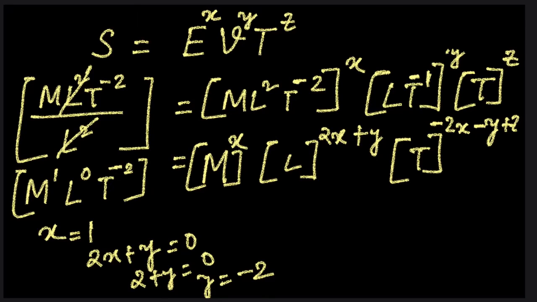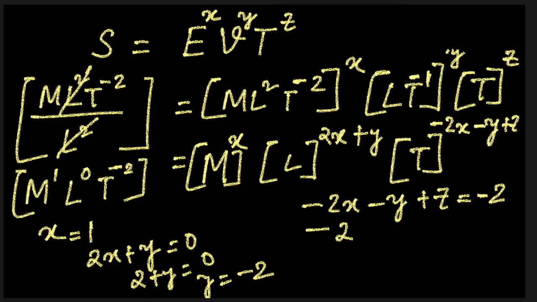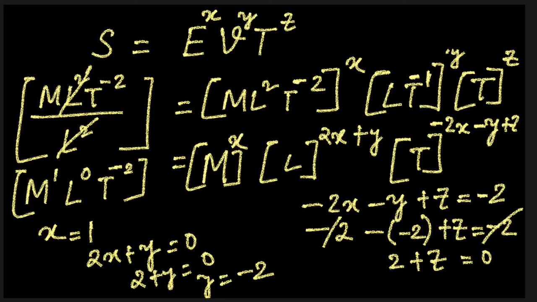Yes, now we can equate the power of T. So minus 2x minus y plus z is equal to minus 2. The x value we got is 1, so after substituting, minus 2, minus y is plus 2, plus z equals minus 2. This gets cancelled, so 2 plus z is equal to 0, z is equal to minus 2. So here we are getting the answer.